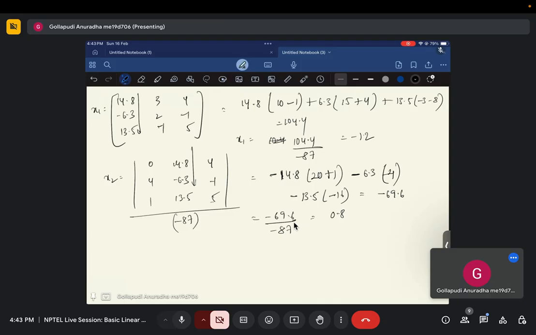So this is x2, and x3 if you solve, 0, 3, 14.8, so 2, minus 6.3, 1, minus 1, 13.5 by minus 87. I'm going now by column 3, expanding the determinant.